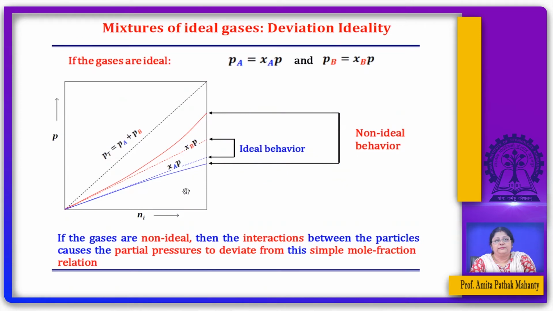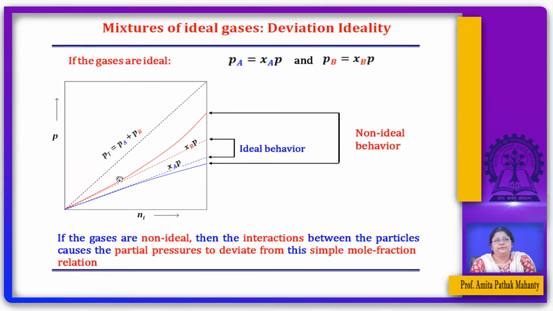But what happens when you have non-ideality? Because of the interaction of the particles, the partial pressures deviate from the simple mole fraction ratios.